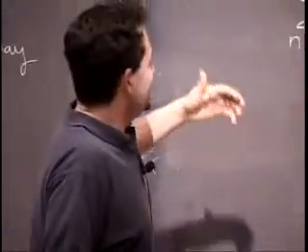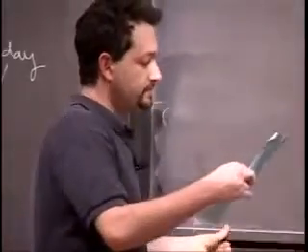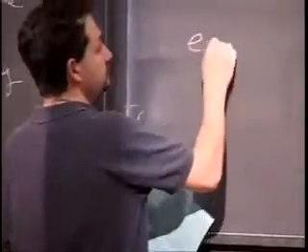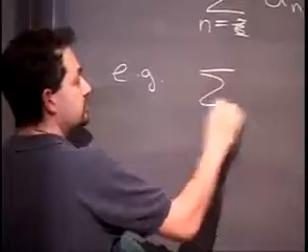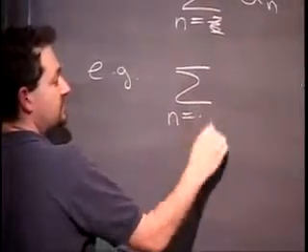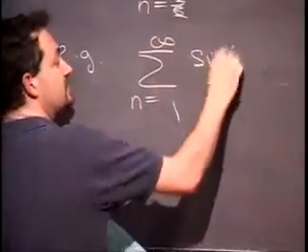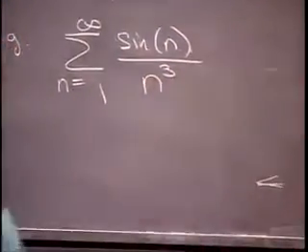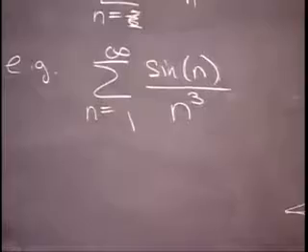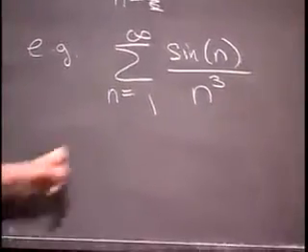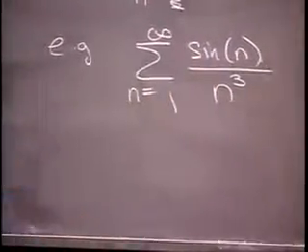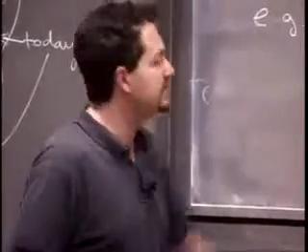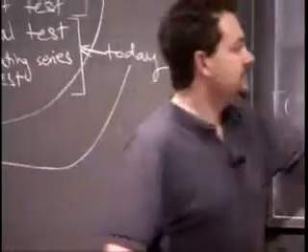So, let's look at an example. Suppose we consider a classic example, sine n over, let's do n cubed for variety. Sine n over n cubed. Well, the n cubed is certainly positive because n is positive, but sine, remember, is sometimes positive, sometimes negative. So this is not always positive.